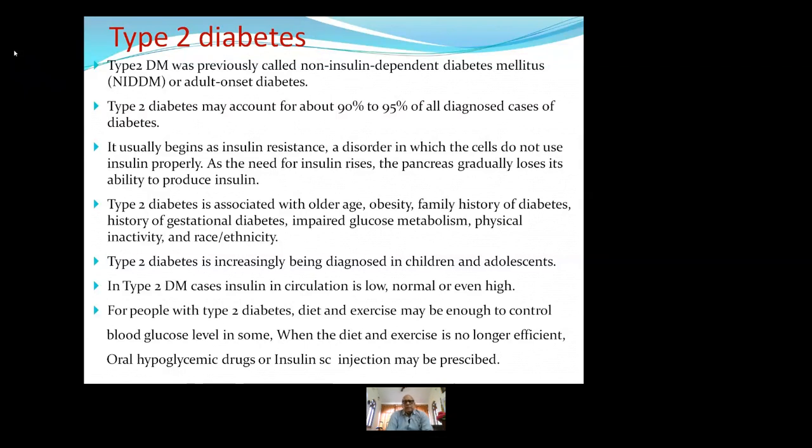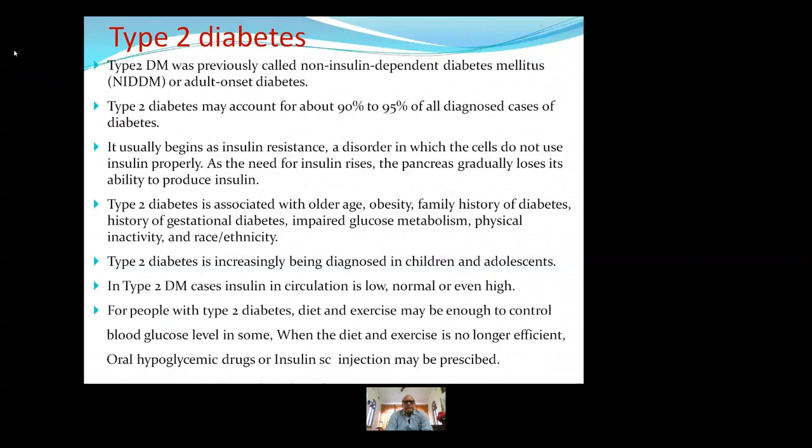As the need for insulin rises, the pancreas gradually loses its ability to produce insulin. Type 2 diabetes is associated with older age, obesity, family history of diabetes, history of gestational diabetes, impaired glucose metabolism, physical inactivity, and race or ethnicity.